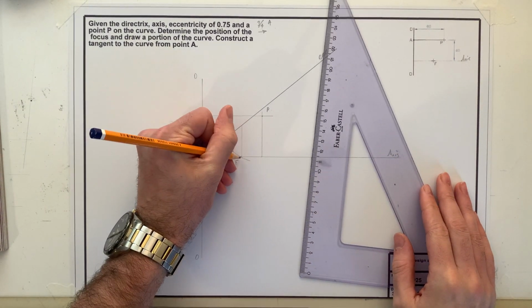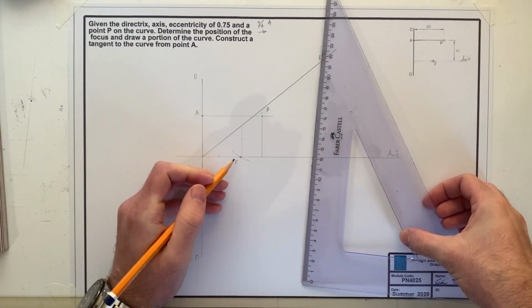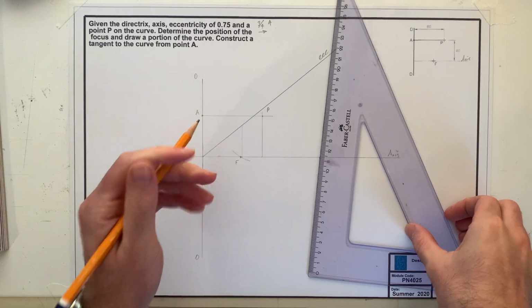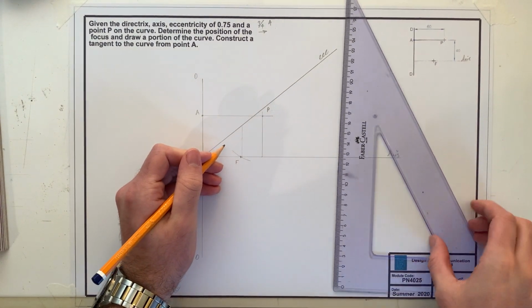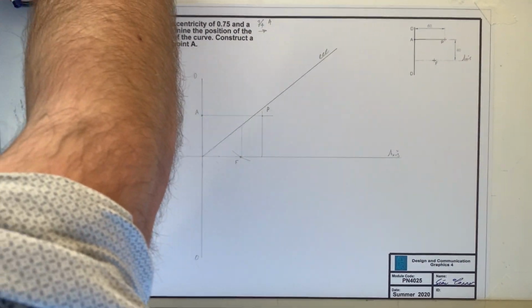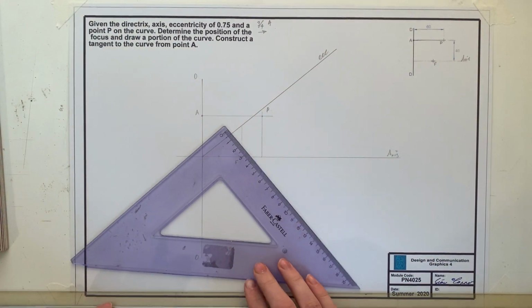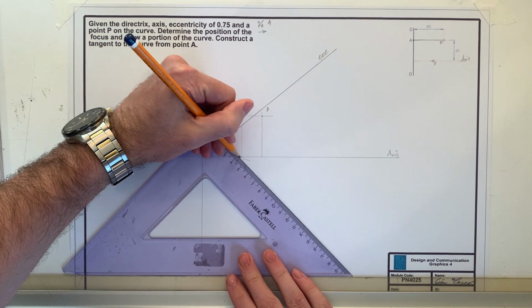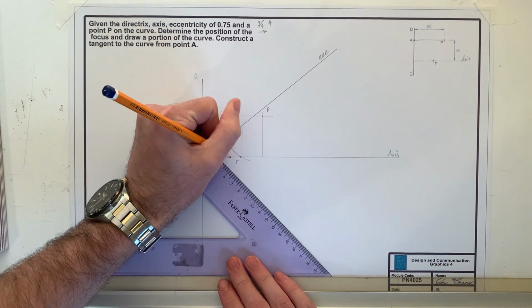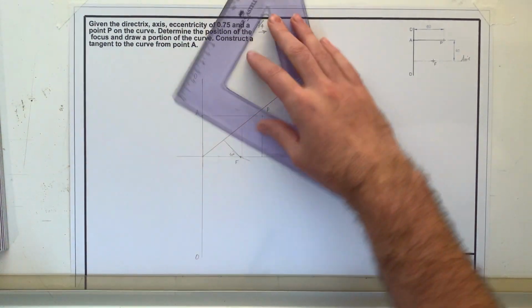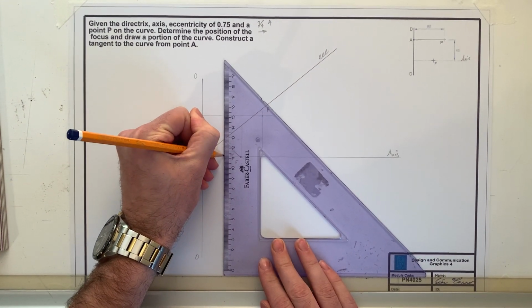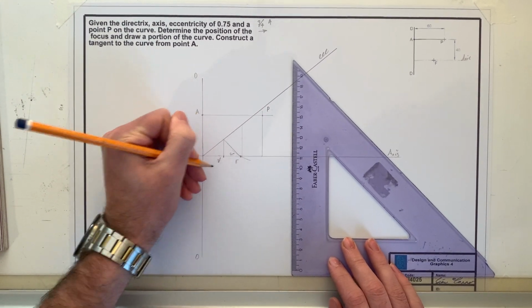Now when I have my focal point, which is here, I know if I travel back at 45 degrees, where it intersects, I will find a point at which I can drop perpendicularly to the axis to find my vertex. So I go back here, 45 degrees, drop it down. Now here I have my vertex.